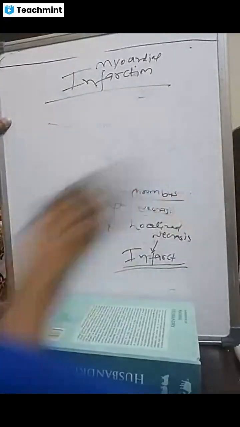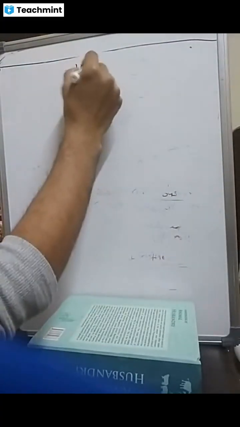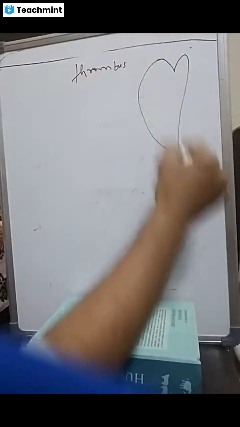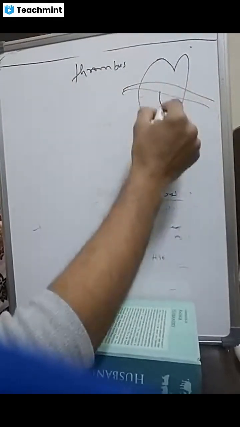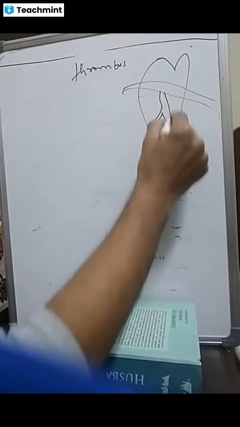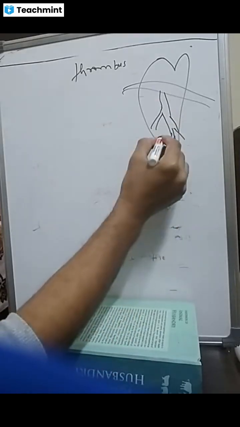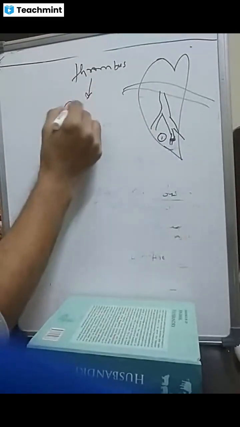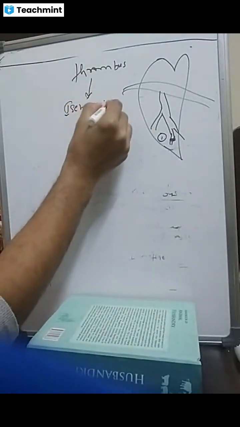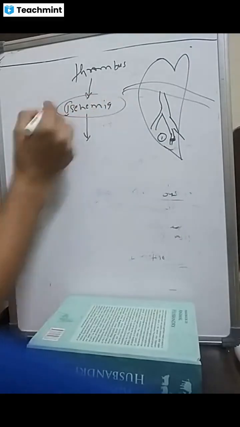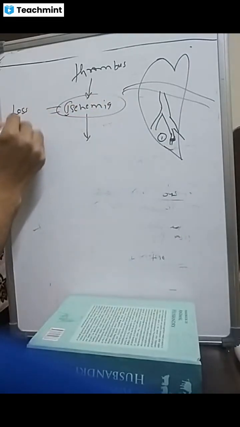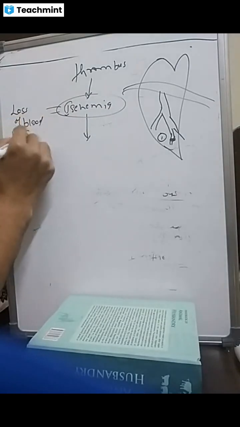So the sequence is, first, thrombus formation, which may lead to interruption of blood, that is, loss of blood supply.